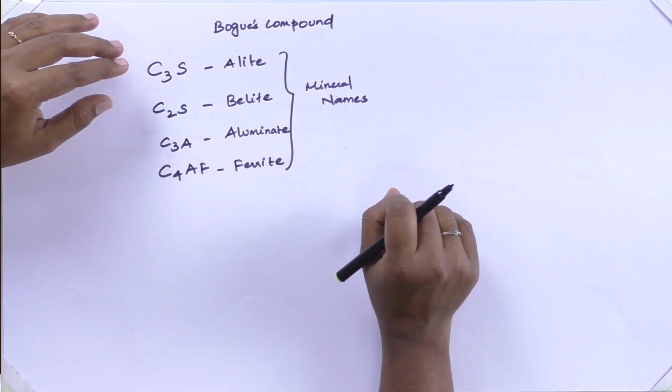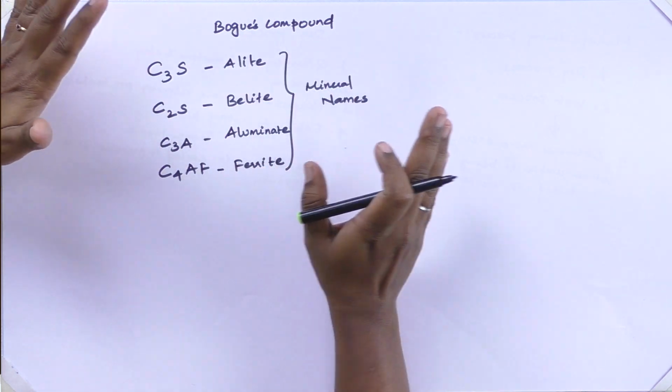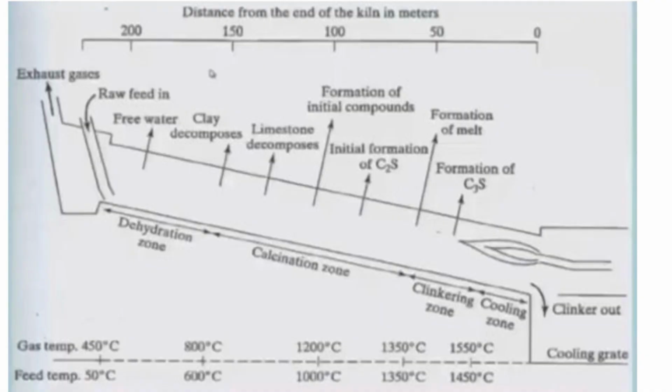And now in this diagram I will explain how these compounds are formed at different stages.